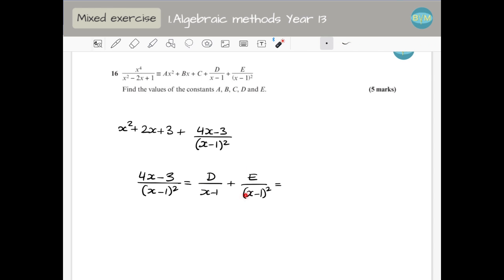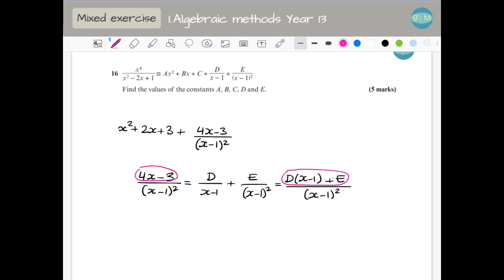When we add these two fractions, this is the common denominator. When I divide by x minus 1, I get another x minus 1 that is multiplying D. So D times x minus 1. And then when I divide this one by itself, I get 1 multiplied by E, plus E. The denominators are equal to each other, so numerators must be equal to each other.